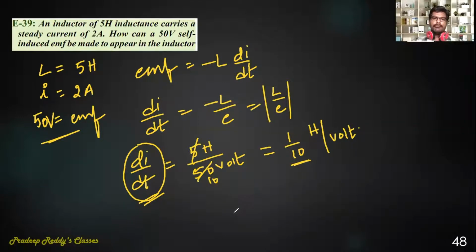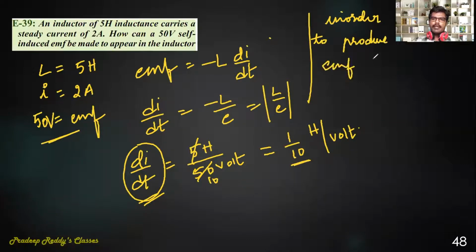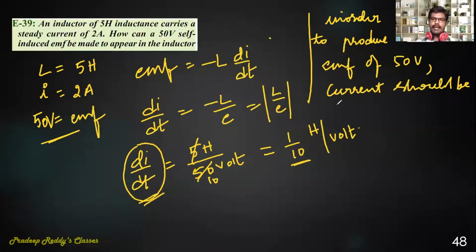So therefore, in order to produce EMF of 50 volt, current should be varied with time.